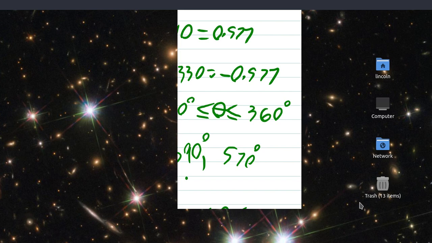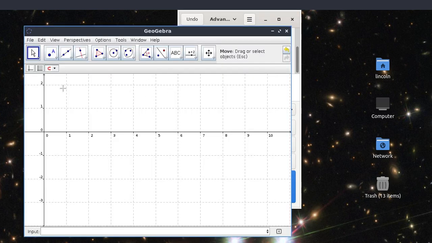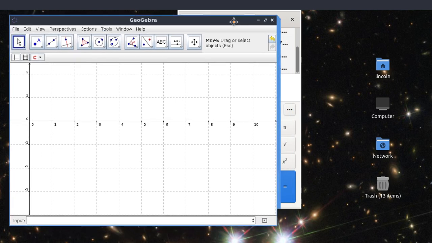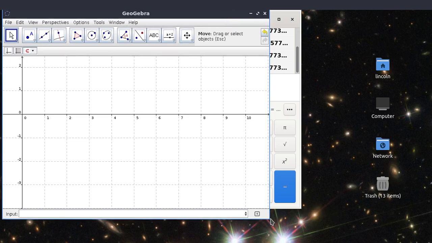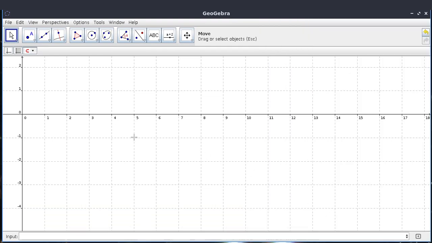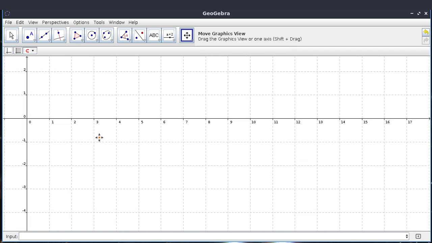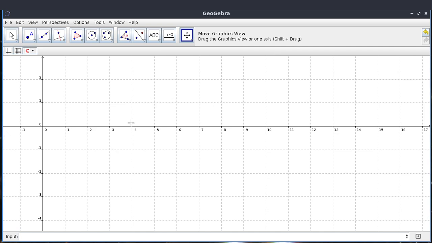Now, what about the graph? We have our graph plotter here, GeoGebra. This graph is showing numbers on it, which would be more appropriate for radian measure.